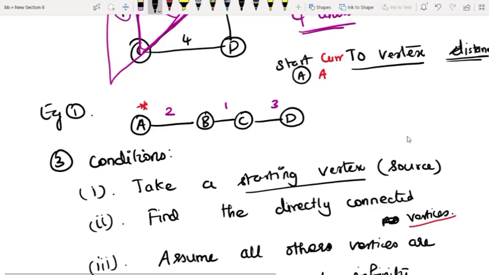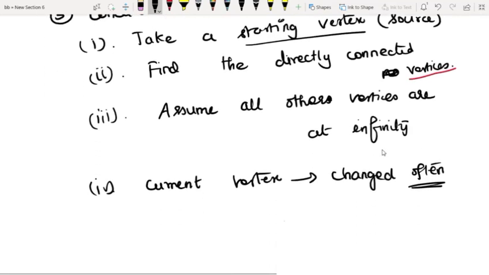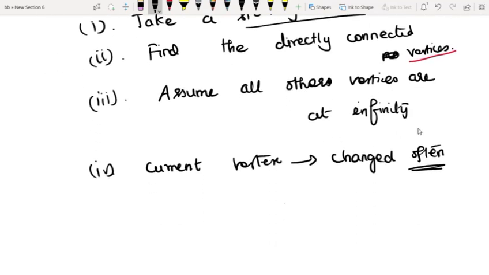So what I'll do here is write the to-vertex as B and make the distance 2, because that is the distance between A and B. Only B is directly connected, and the distance from A to B is 2. So I am writing 2 here in the tabular column. Now assume all the other vertices are at infinity.